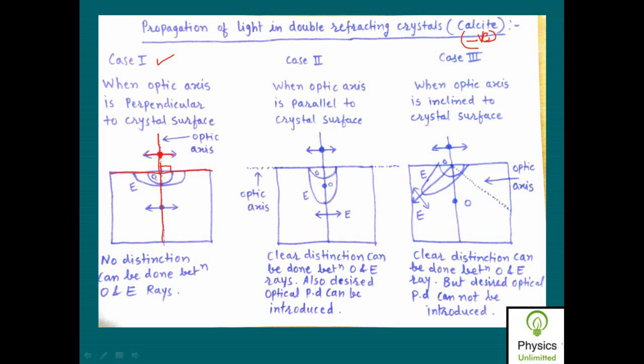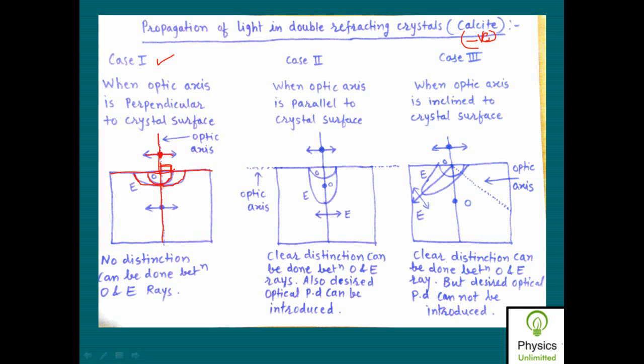So when an unpolarized beam of light is incident on the slab of calcite crystal such that the optic axis is perpendicular to the crystal surface, then calcite being a double refracting crystal, two wavefronts will originate according to Huygens' wave theory of light. One wavefront is spherical in shape, which is for the ordinary ray, while the other wavefront will originate for the extraordinary ray, which is elliptical in shape, and both these wavefronts will touch each other along the direction of the optic axis.